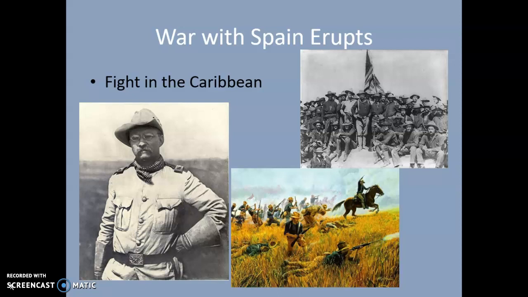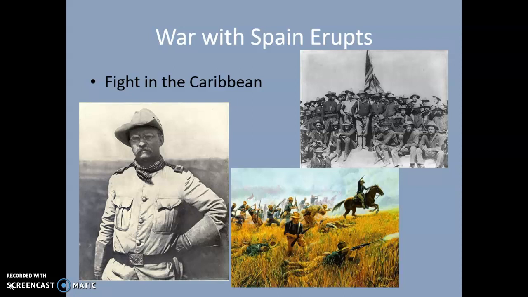The U.S. Navy will blockade Cuban ports, but the U.S. Army, honestly, was made up of poorly trained soldiers, volunteer soldiers. You do have one group that gets a lot of notoriety, the Rough Riders, led by one Mr. Teddy Roosevelt. If you recall, we've talked about Teddy Roosevelt as the president.